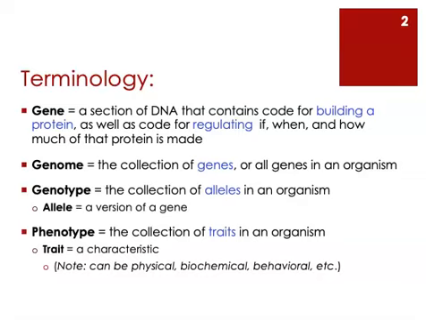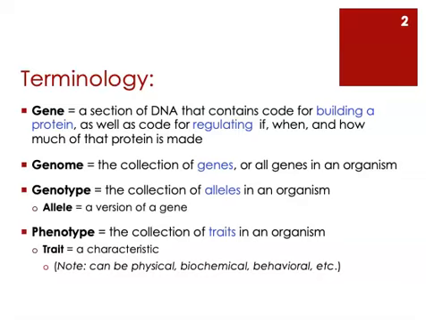So your genotype might have the allele for blonde hair, and my genotype might have the allele for brown hair. We both have the hair color gene, but we have different alleles of it. That's why genotype is different from genome. Genome is about your collection of genes. Genotype is about your collection of specific alleles for those genes.